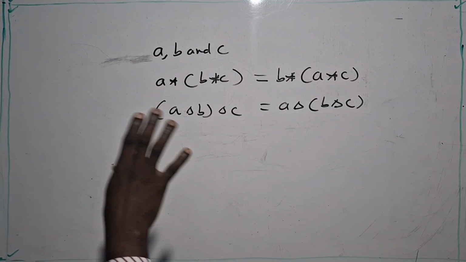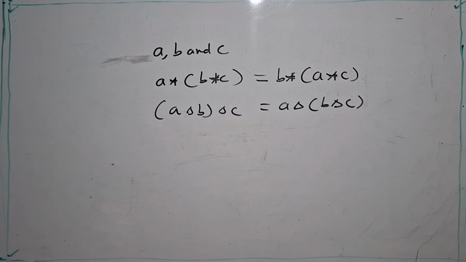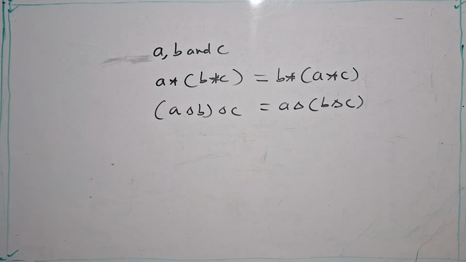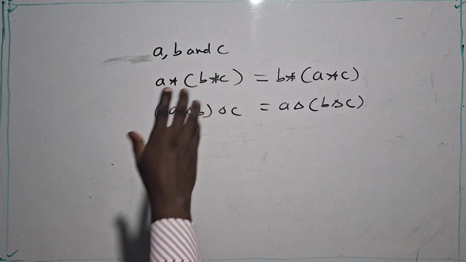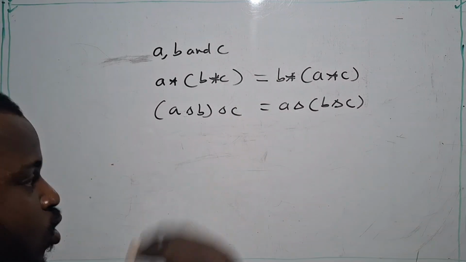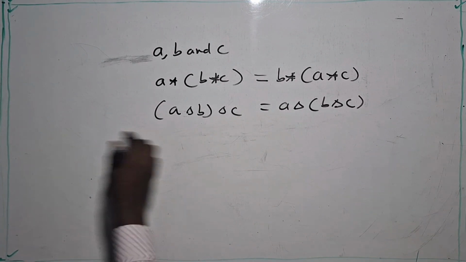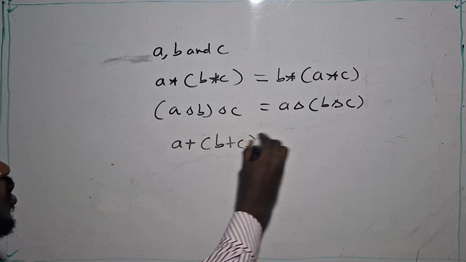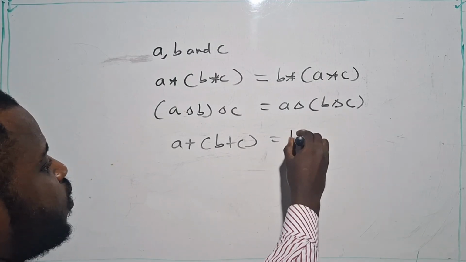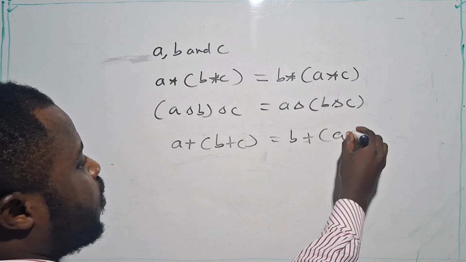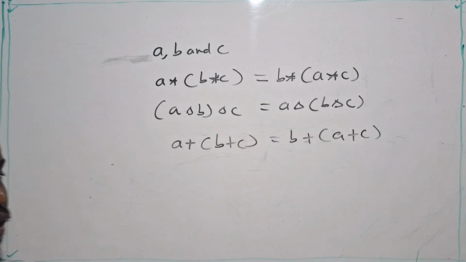So under the associative property, this is the meaning: the grouping of the elements, using the operation, does not change the answer or the result. In normal numbers, if I have A plus B plus C, it should be equal to B plus A plus C in the bracket.